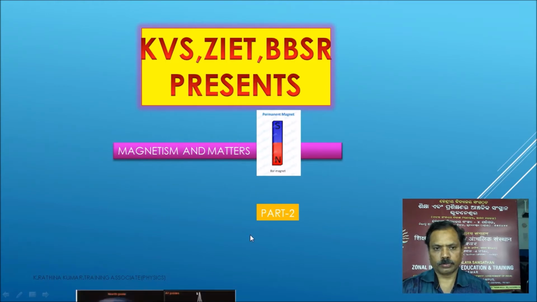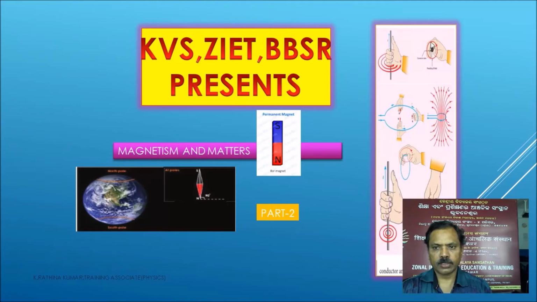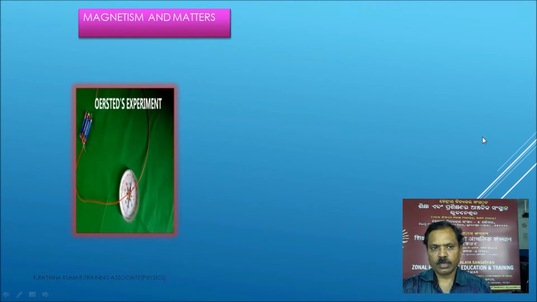Part 2. This is the diagram of the earth's magnetism, and this picture shows the magnetic field lines of a straight conductor and a circular coil. The next picture shows the Oersted experiment.